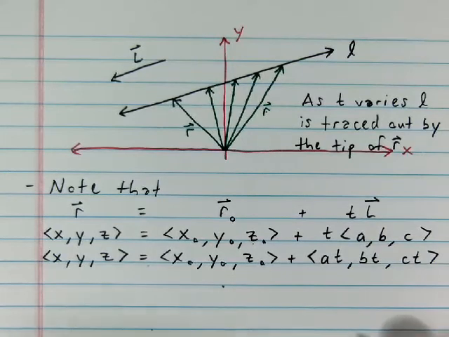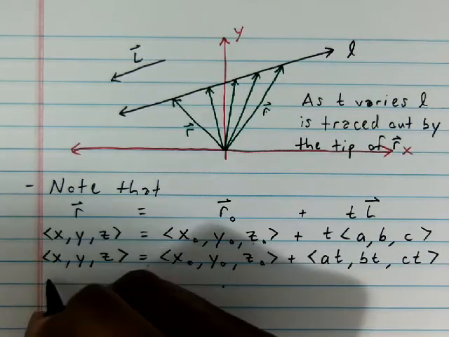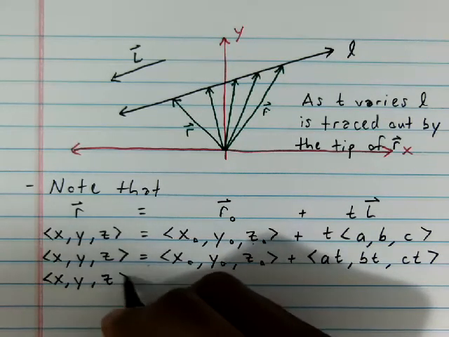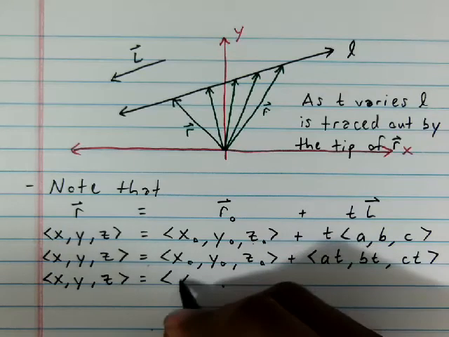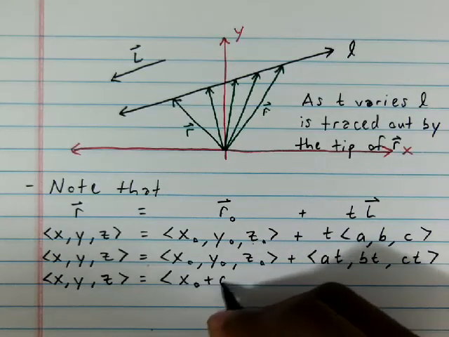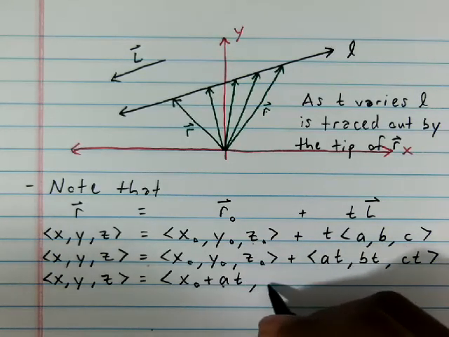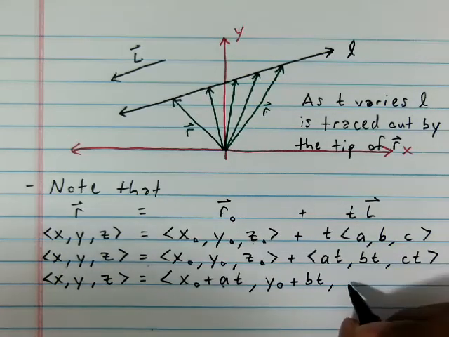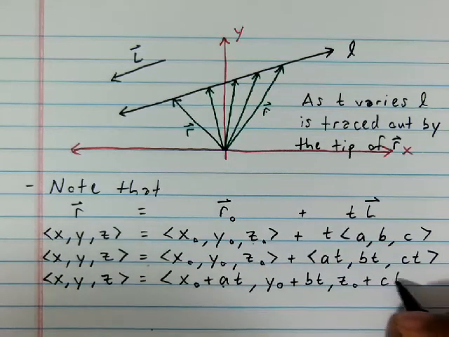All right, now we can add these two vectors on the right hand side, and we get the left hand side XYZ is equal to x naught plus AT, comma y naught plus BT, comma z naught plus CT.